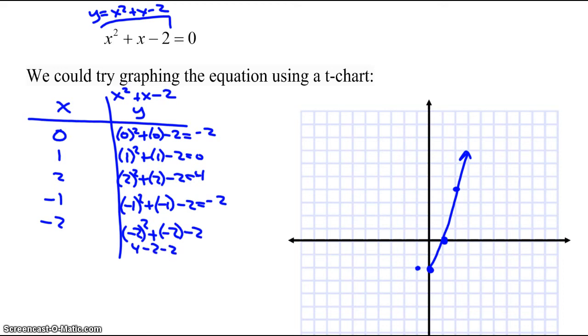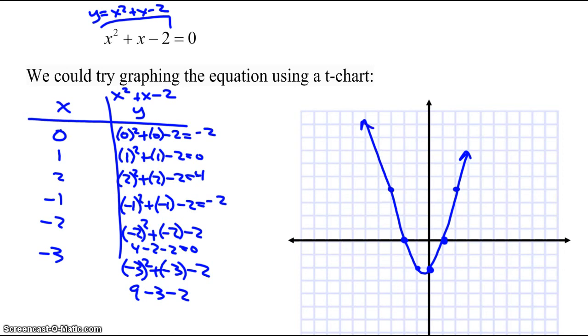Well, actually, 4 minus 2 is 2, and 2 minus 2 is 0. So at negative 2, this is 0. And if I did a negative 3, that's going to be negative 3 squared plus negative 3 minus 2. That's going to be 9 minus 3 minus 2. 9 minus 5 is 4. So at x is negative 3, y is 4. And it looks like what's happening is this bottomed out somewhere down there, and then it's now going up in this direction.